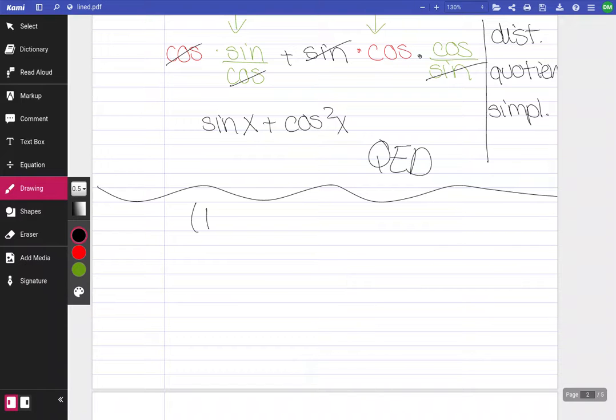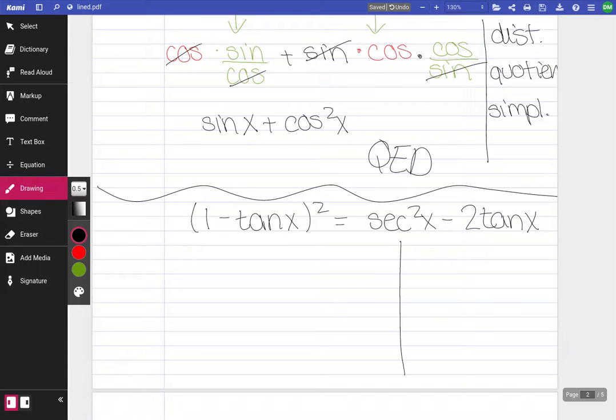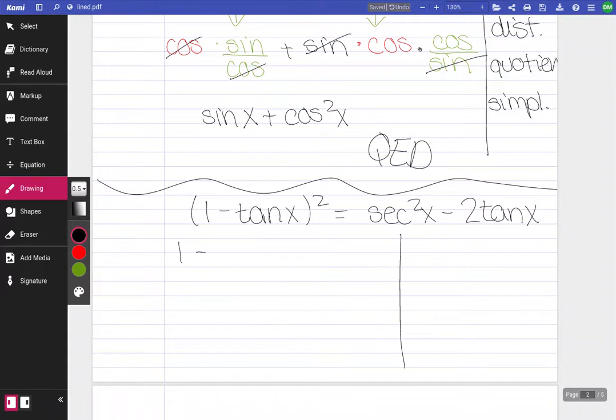And then I've got, for this one, 1 minus tangent of x quantity squared equals secant squared of x minus 2 tangent of x. So I'm going to start with the left-hand side, and I'm actually going to FOIL this out. And I'm not going to write it because obviously I'm running out of paper. So I've got 1 minus 2 tangent plus tangent squared, and that is FOIL.